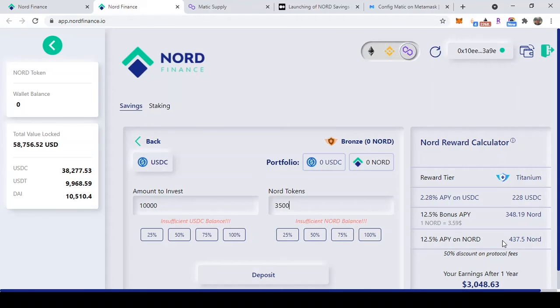On a 3,500 Nord token deposit, you'll see that you would earn about 437 Nord tokens from this bonus. Total earnings after 1 year work out to about $3,050 on a 10,000 USDC and 3,500 Nord token deposit.